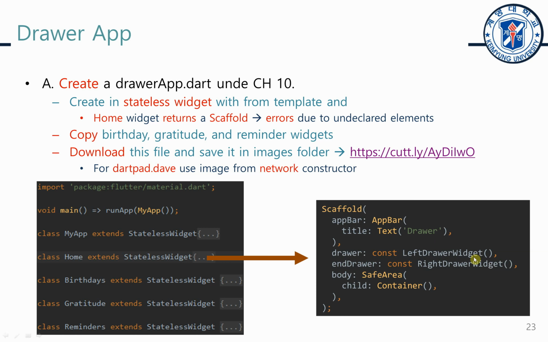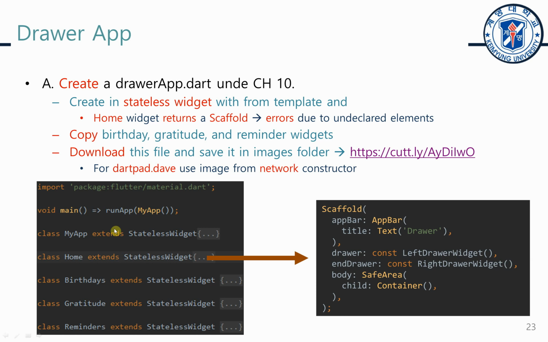We'll create these two by ourselves, and the body will be just a container widget inside a safe area widget. And another thing is, everything in here will be more or less a stateless widget.